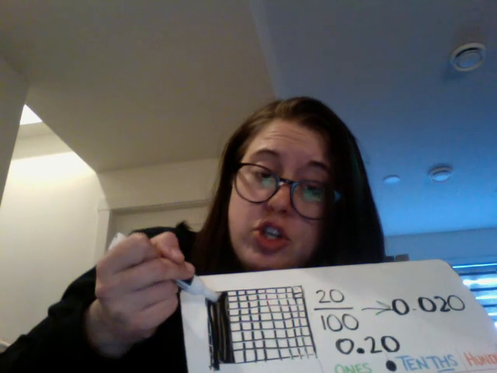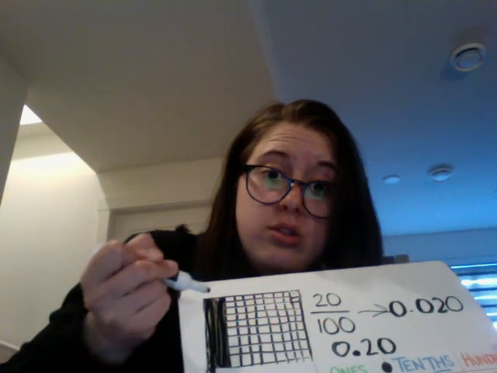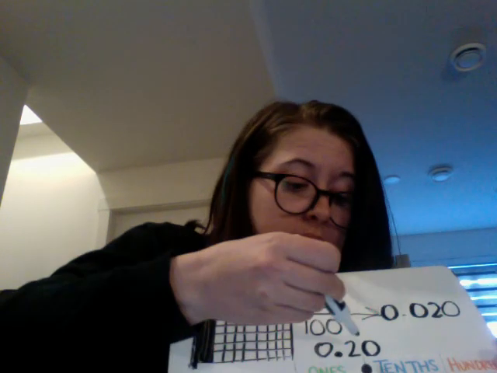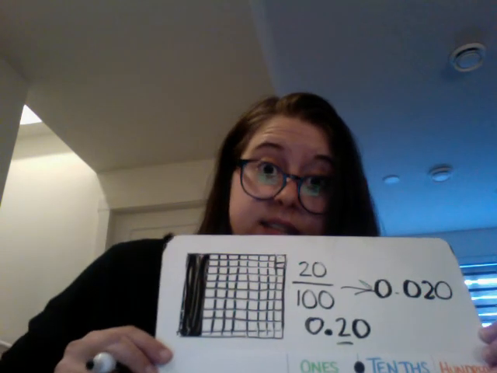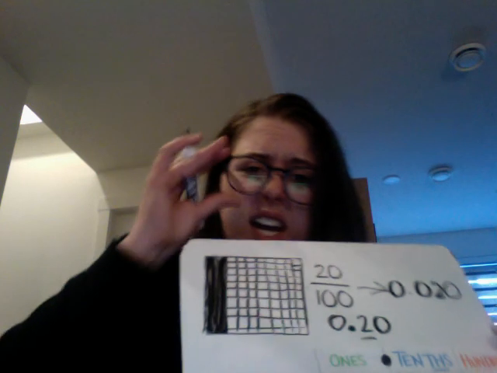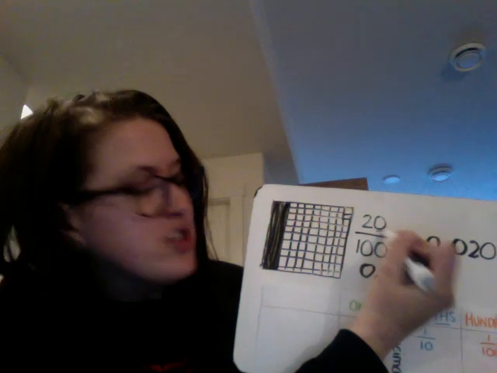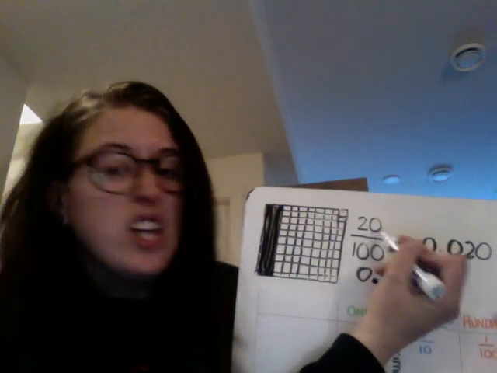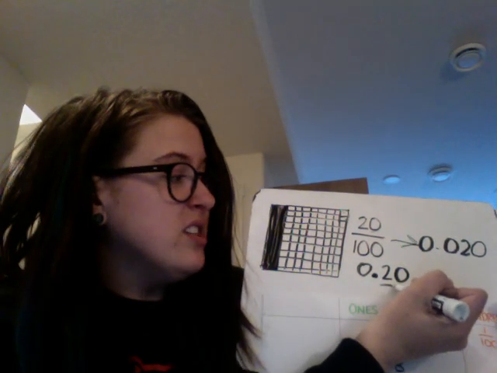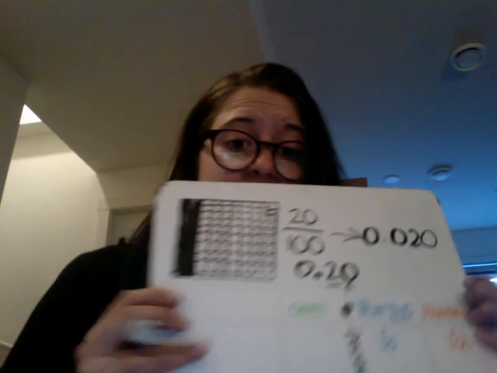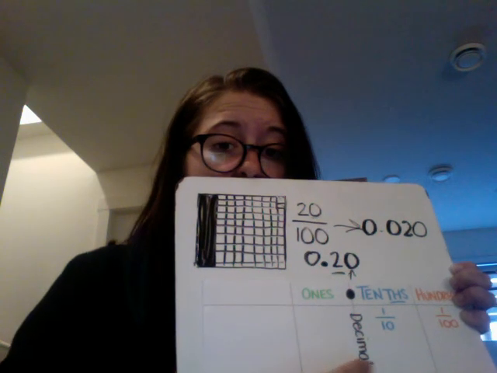But I actually have 2 complete rows. So we need to put our 2 in the tenths place. So you can kind of think of it as the last digit of that decimal is going to go into the hundredths place. So the 0 for the hundredths could actually be written right here in the hundredths place, okay, because that's 2 digits after our ones.